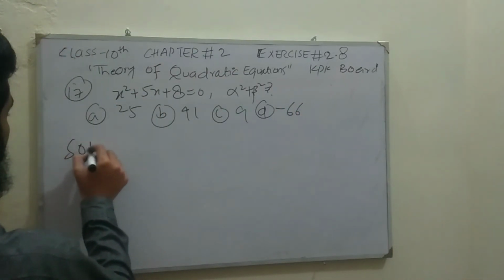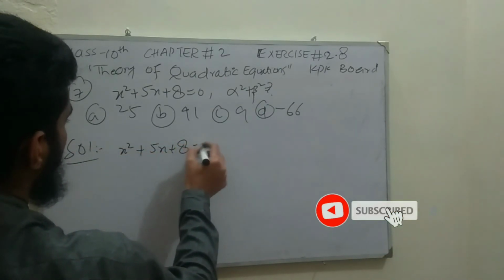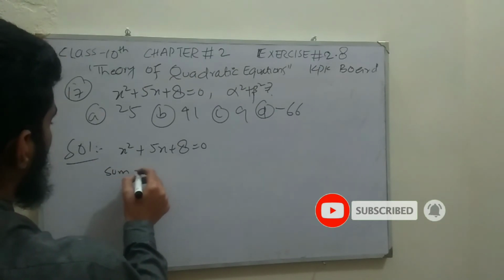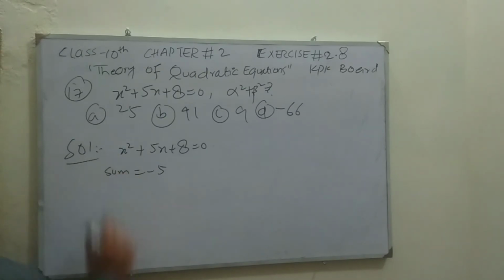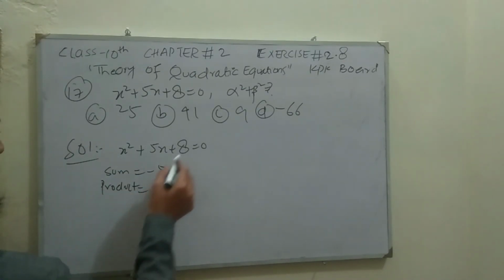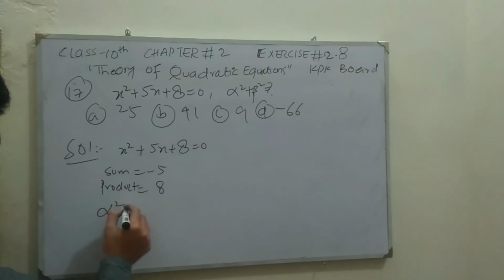Given the solution, the quadratic equation is x square plus 5x plus 8 is equal to 0. The sum of roots will be minus b divided by a, so minus 5, because b is 5 and a is 1. The product is c divided by a, c is 8 and a is 1, so 8. We are going to find the value of alpha square plus beta square.